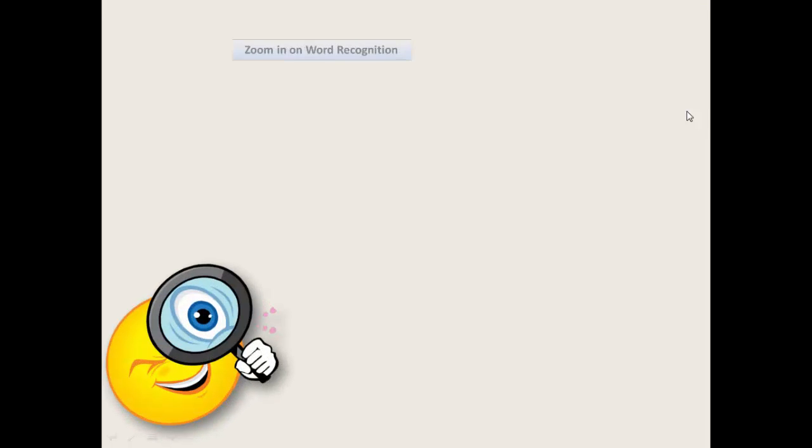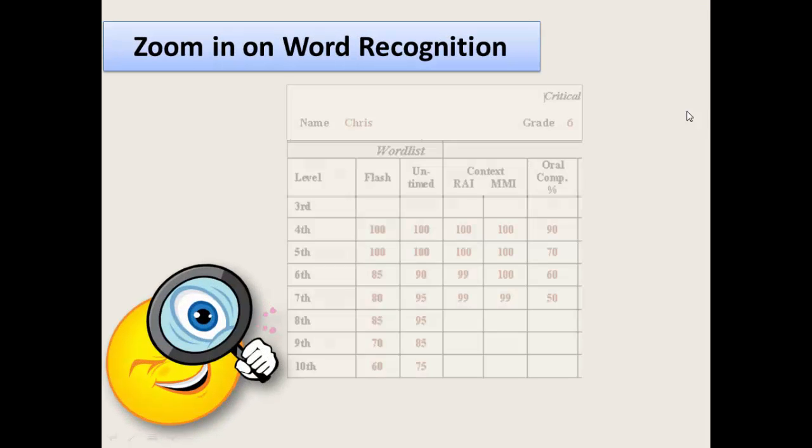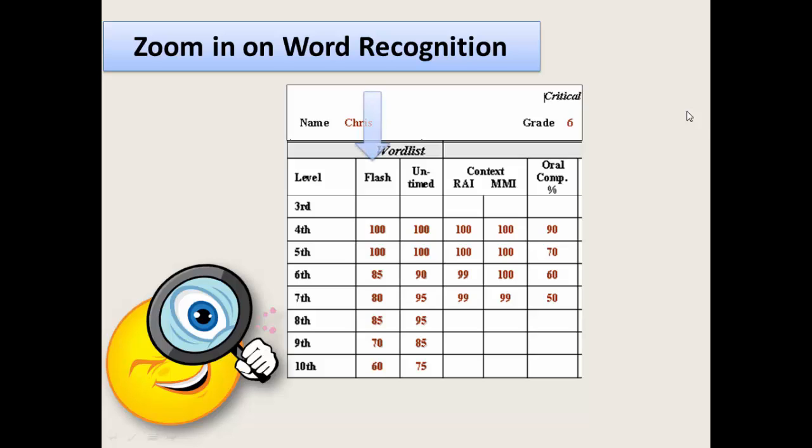Let's move on to zooming in on word recognition. And where do we look? We look first at the word list, the flash. We look at these scores, noticing that at the 6th grade we have a score of 85. 7th, 80. 8th grade, we're back up to 85. 9th, 70. So we have some inconsistency as the student finds the task a little bit more difficult.